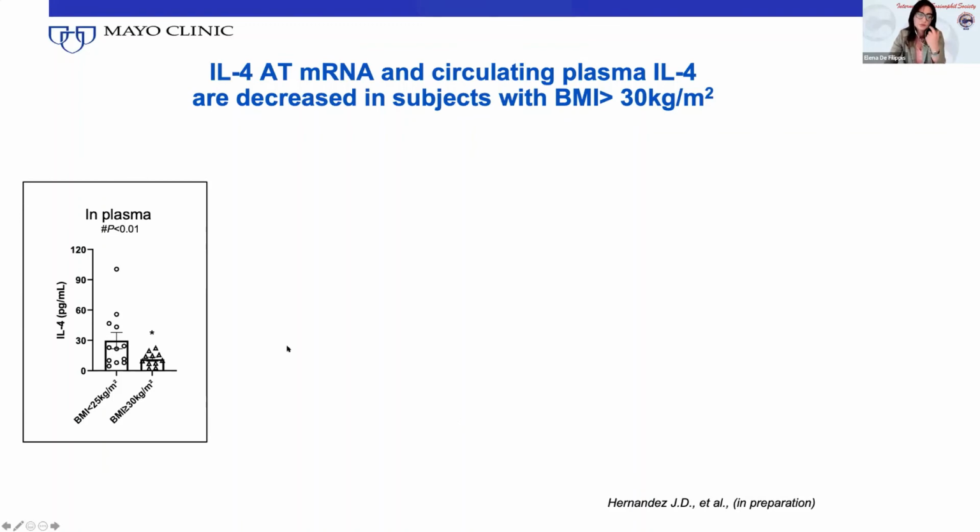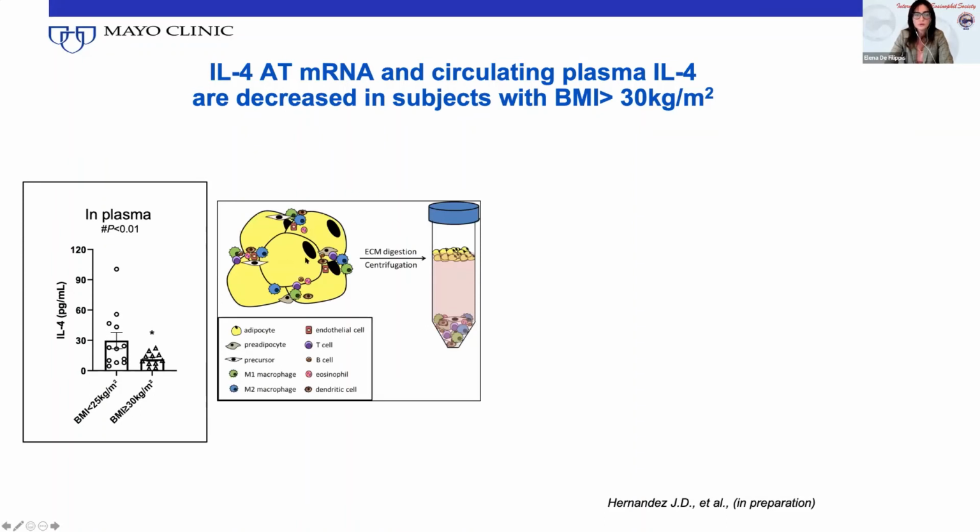But as I told you, we collected subcutaneous fat biopsies of these subjects. And for those of you that don't work with this tissue on a daily basis, I want to remind you that the adipose tissue goes through a collagenase digestion, and that separates two phases: a floating phase, which is usually referred to as adipocytes, and a phase that can simply be collected at the bottom of your tube, referred to as the stromal vascular fraction, a heterogeneous representation of many cells from immune cells to pre-adipocytes, mesenchymal cells, and others.